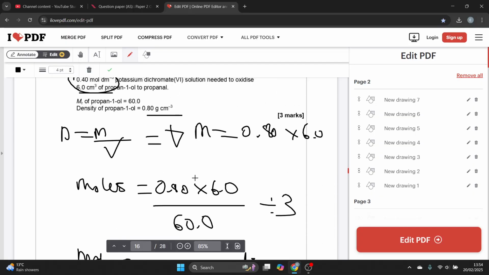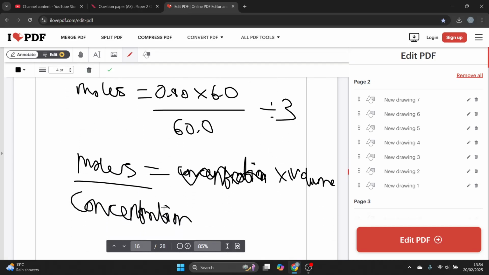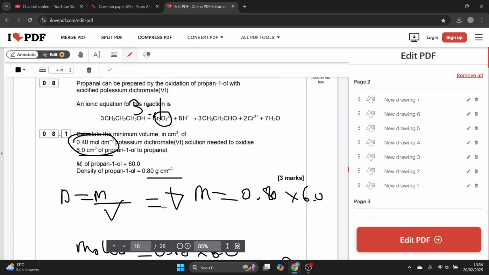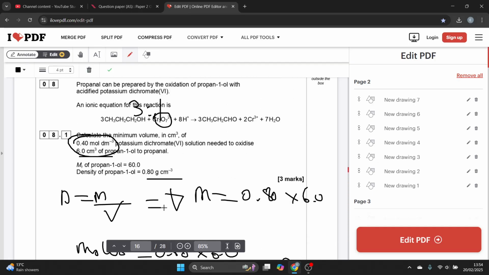So let's work out the moles: 0.80 times 6.0 divided by 60.0, then divided by 3, and then the number of moles divided by the concentration, 0.40. But I want the minimum volume in centimeters cubed, so then times by 1000.